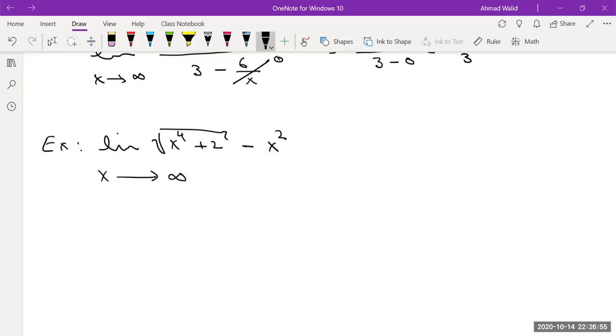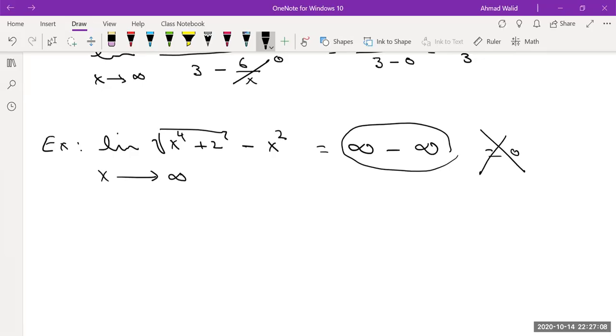Look, if you plug in infinity immediately here, you end up with infinity minus infinity. And please don't tell me infinity minus infinity is 0. No, wrong. It's another form of the limit that you have to deal with. We don't know the answer for infinity minus infinity.